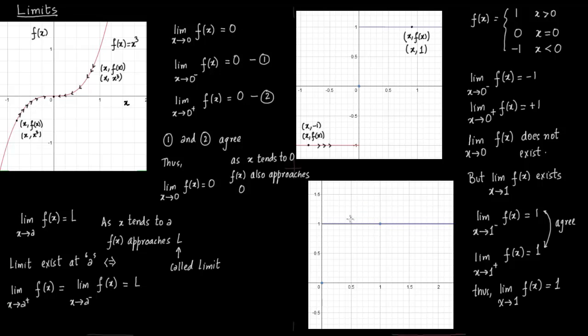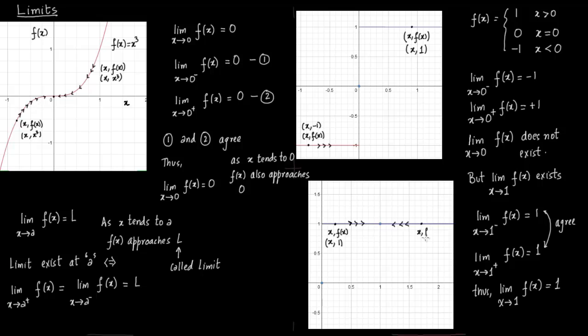Now things will be more clear if we see it in the graph. Now see, the point 1 is marked with this blue dot, and you have these points x comma f of x here. The arrow marks now denote that we are approaching 1 from the negative side, that is from the numbers less than 1. So again f of x is fixed.